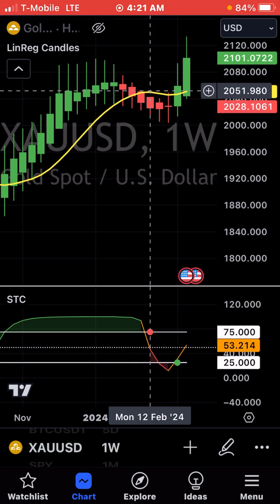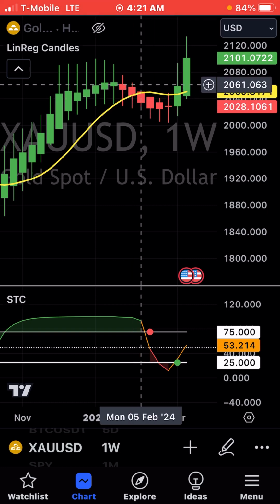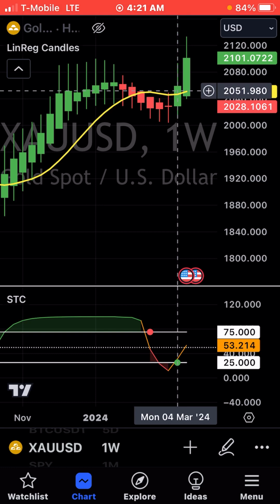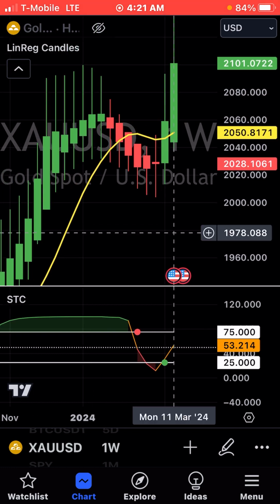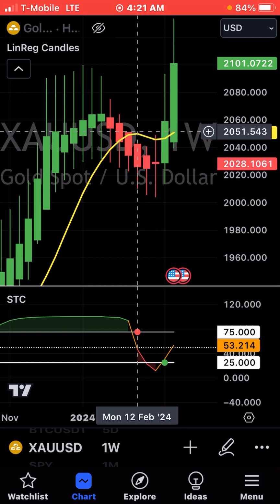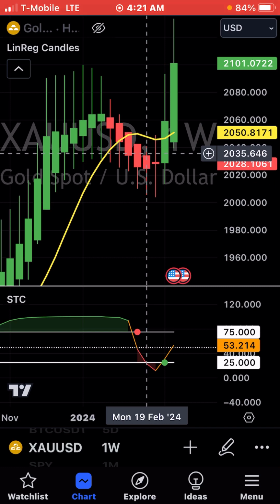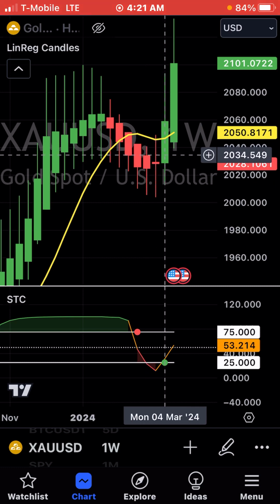Now, right here, we see it crossing down on the STC, and it goes down, and then this is a short one. This is a short one because it comes down right about here, so this is probably about a 2-week. But then you see it go back up.